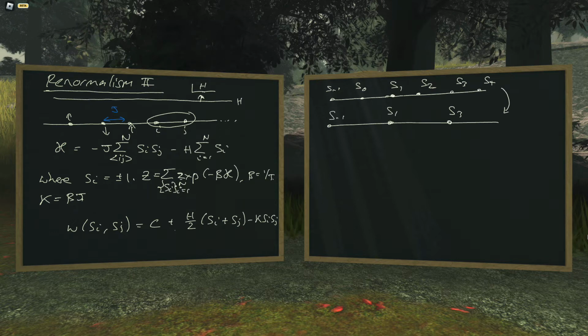We're going to end up with the case where the only degrees of freedom left are the odd spins.